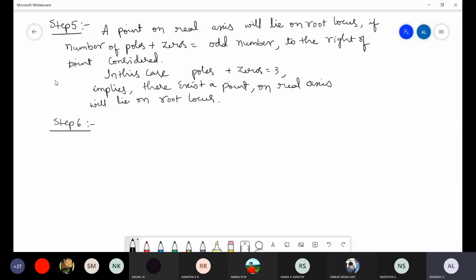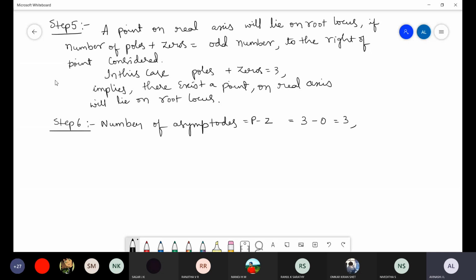Step number 6 is regarding the asymptotes. First we need to calculate the number of asymptotes. The number of asymptotes is equal to P minus Z. So what is P minus Z? 3 minus 0, that is equal to 3.